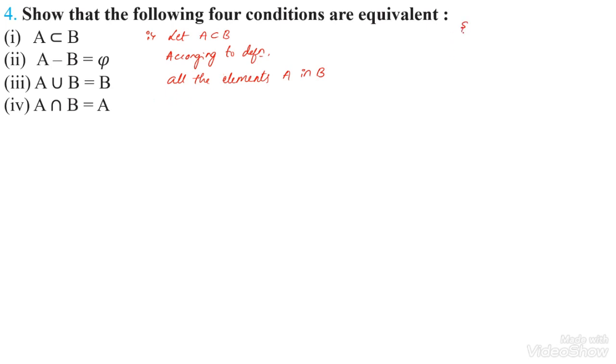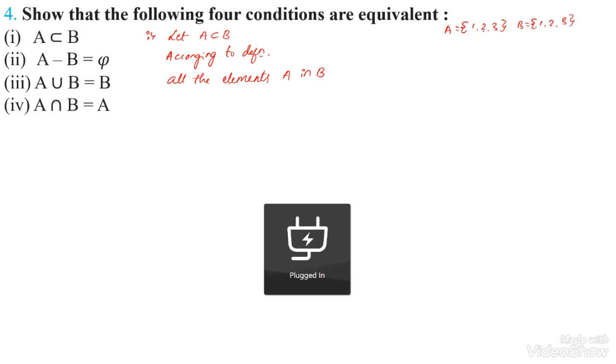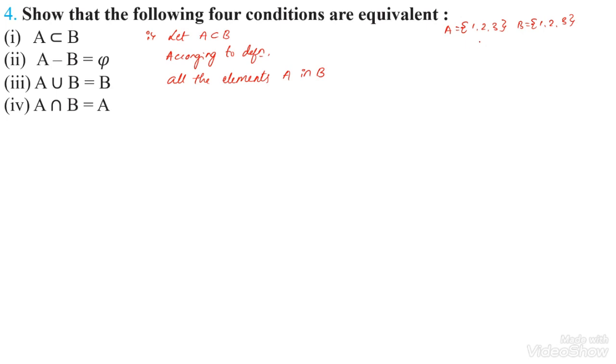Taking one example here: 1, 2, 3 is the A set and this one is the B set, containing the elements 1, 2, 3. Both sets contain the elements 1, 2, 3. Then A is a subset of B.